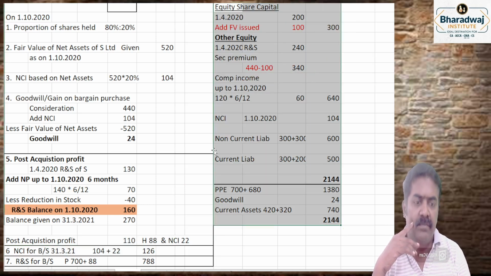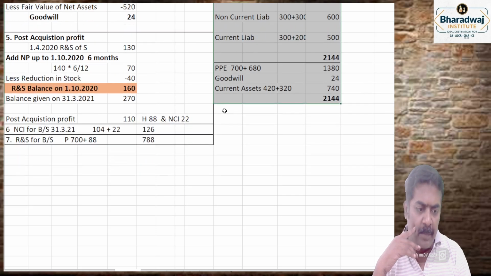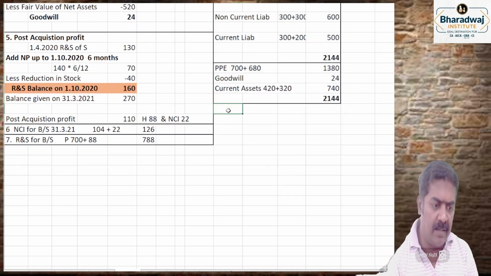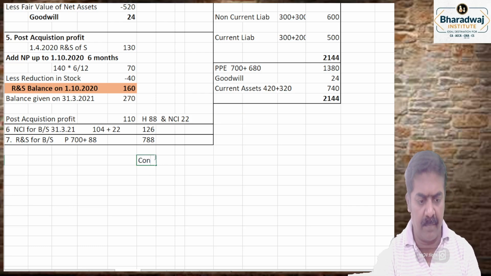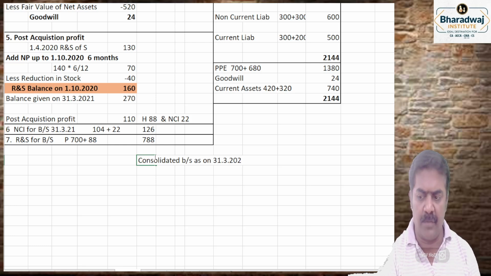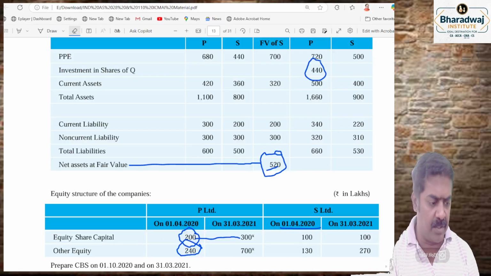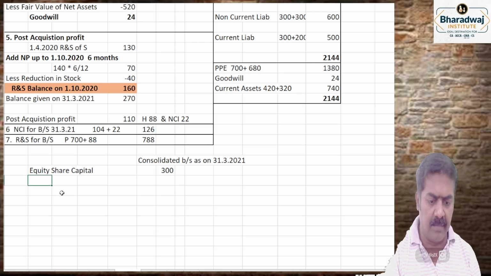Balance sheet over. Now we have to prepare the balance sheet as on what date? Maybe with format you can do in the exam. March 2021. Equity share capital. How much is the holding company's equity share capital? 300.